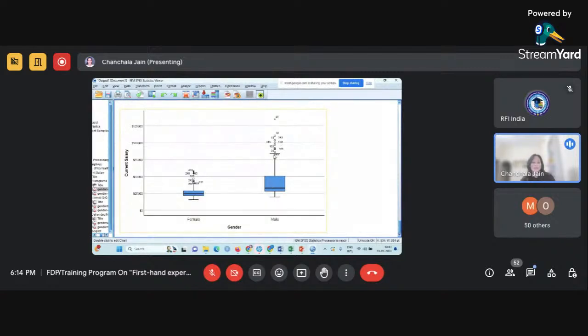So that is why these whiskers are going till here also, right? Now looking at these two, we can find there are some outliers already available in the data. Some asterisks we are getting for the female salary, and here we are getting only a single asterisk for the male category. So we can say there are significant outliers available in the data.